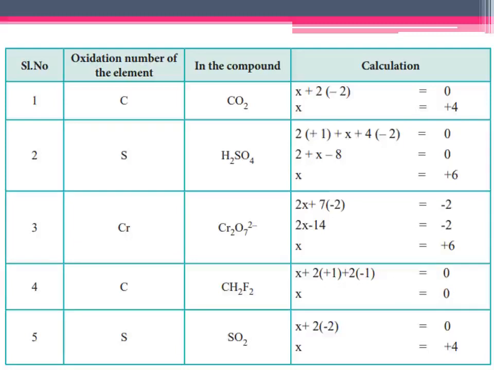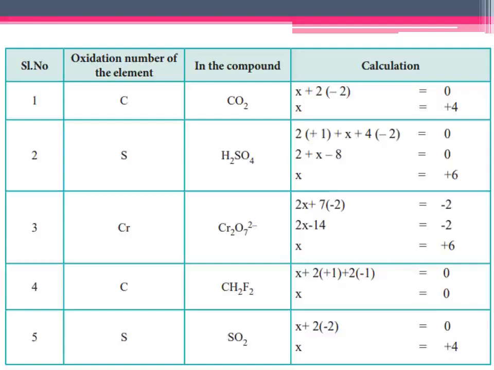Okay children, do you understand? Now CH2F2, you are taking the compound CH2F2. In this compound you have to calculate the value of C. See the fourth example. Take your pencil and write it down. What is the C value? We don't know the C value.